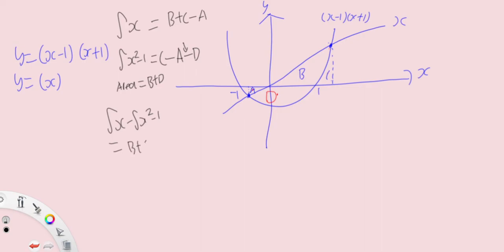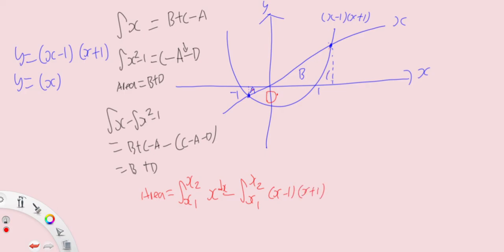You get B plus C minus A, minus C minus A minus D, which will then give you B plus C minus C is 0, minus A minus minus A is 0, and therefore you get B plus D. All right, so ultimately the area is the integral from the intersection points x1 to x2 of x dx, minus the integral from x1 to x2 of (x minus 1)(x plus 1) dx.